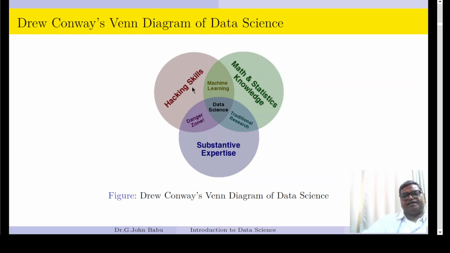If you have only hacking skills, that is a danger. If you have mathematics and expertise, you will end up with traditional research. If you have hacking skills and a mathematical background, you will end up as machine learning. But if you have all these three, you will end up with data science.